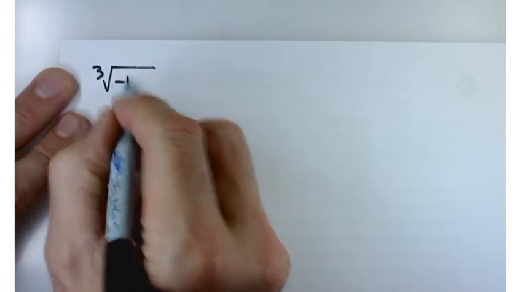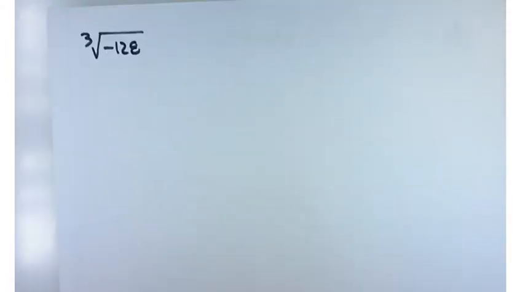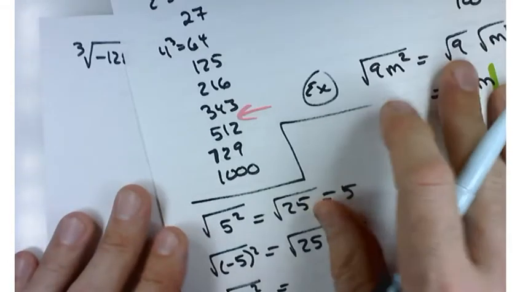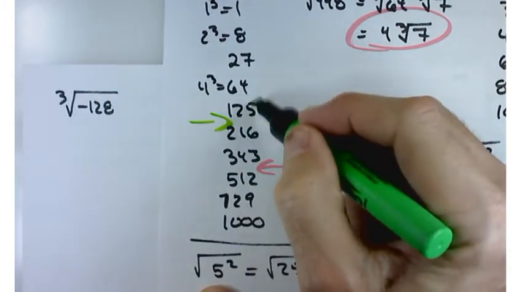Let's do a couple more here. Cube root of -128. Let me begin by going back here, looking at my list of perfect cubes. 128 is right here. Work your way up that list.